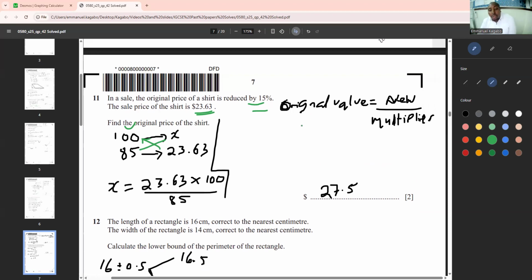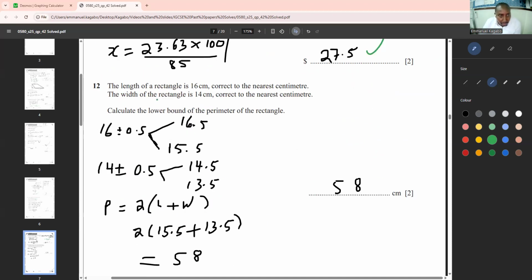The original value of anything is always the new price in the sale or whatever over the multiplier. The multiplier here, if I'm choosing the formula, the new price is 23.63, guys, okay? All of this over the multiplier, which was 100% minus 15 because it's reduced, over 0.85. So anyway, you get the same thing, okay?